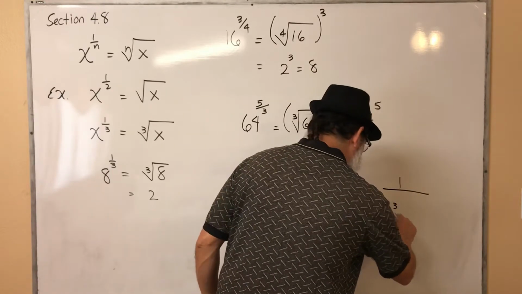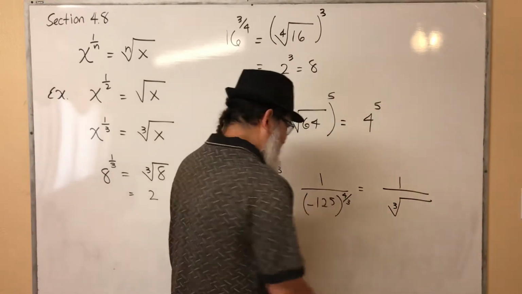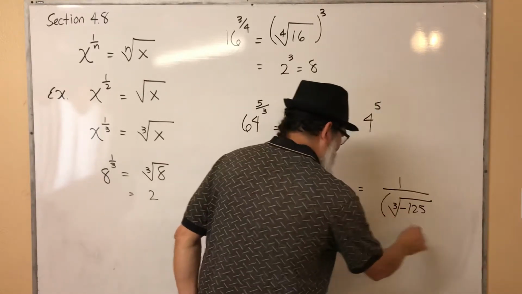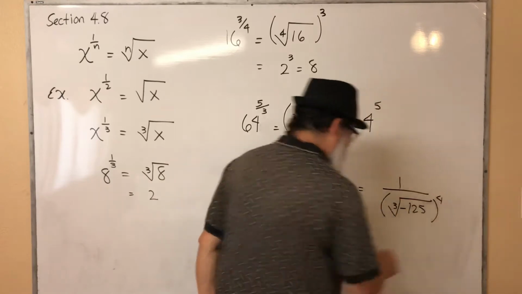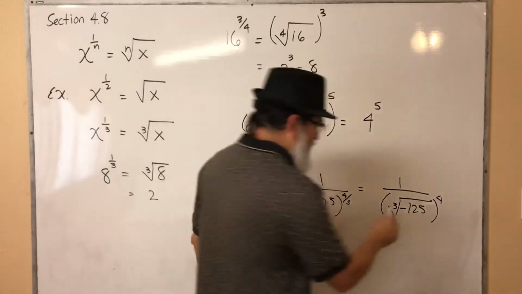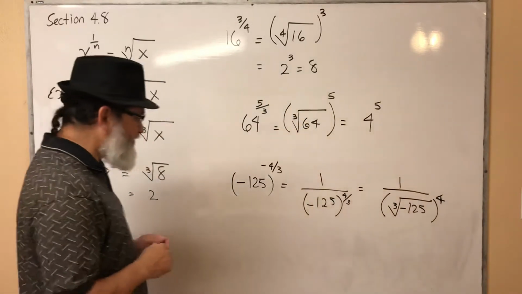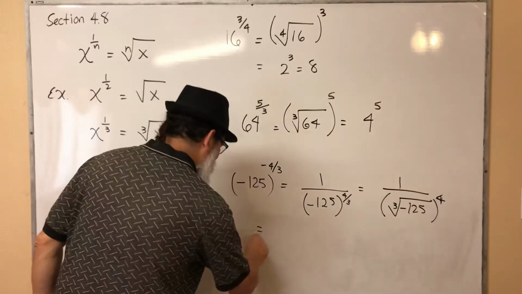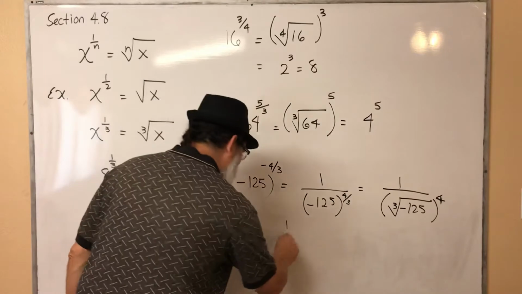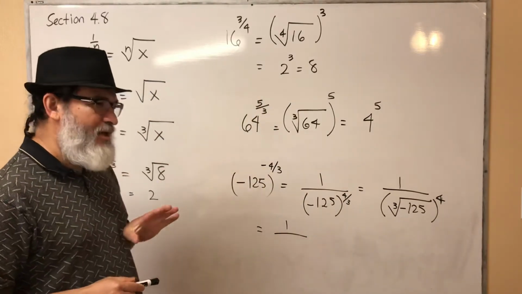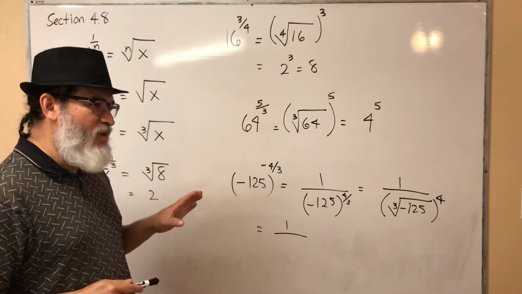So therefore this is 1 over the cube root of what? Of negative 125 raised to the what? 4th power. That's a 4, okay? 4th power. So therefore this becomes 1 over, what is the cube root of negative 125?